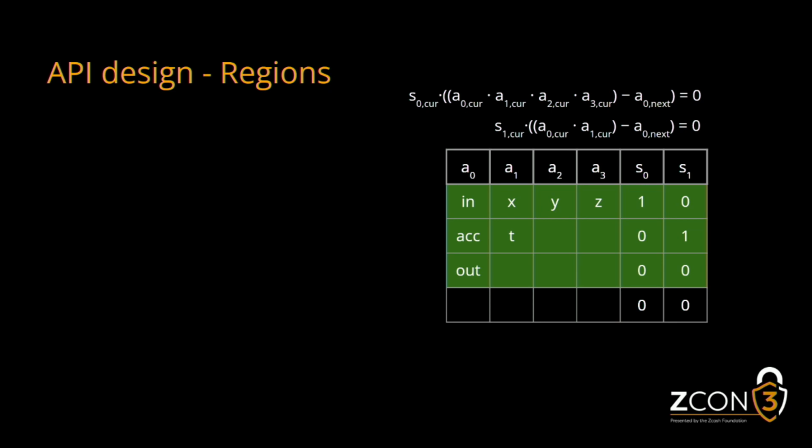So what we do in the Halo 2 API is we define the concept of a region, which is the bounding box around the assigned cells in a region. So in the API, you go layouter.assign_region, and then anything you assign within that is deemed as being part of this region.